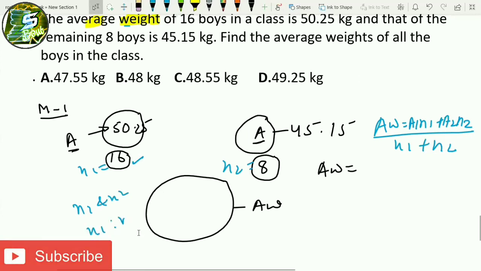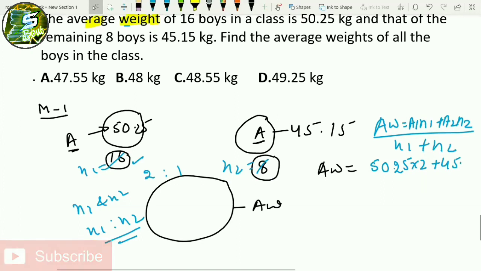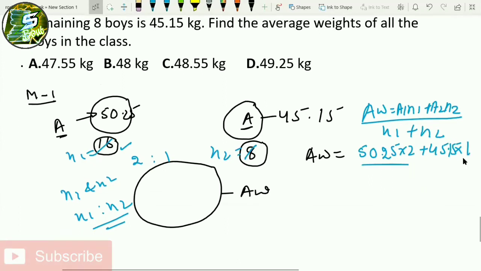I hope everyone is clear why. So I write 50.25 into the ratio, which is 2:1, plus 45.15 into 1, whole divided by 2 plus 1, that is 3. Multiplying with 2 and 1 is much easier than multiplying the number by 16.